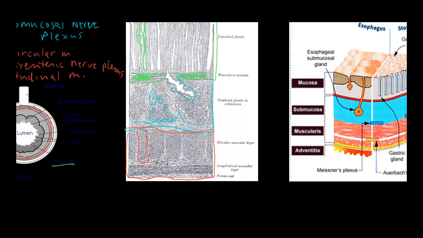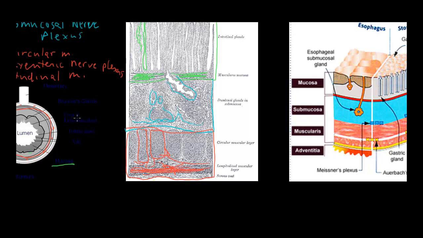This is a cross section in which the circular layer wraps around the tube, and then we see a longitudinal layer that goes along the tube, and then we see right here nerve plexuses that innervate the two muscle layers.